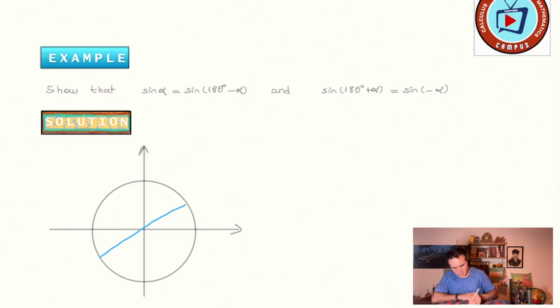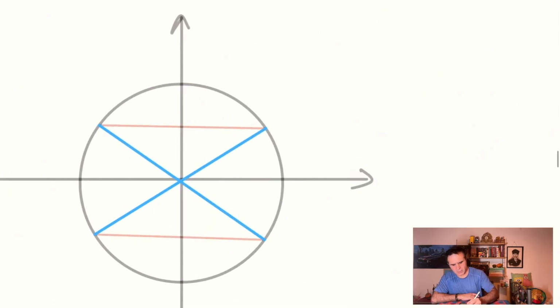Let me draw this. This is here, and we have a line here. Okay, here we have alpha degrees. This means that here is alpha, here is also alpha. They are all identical, equal angles. If we have alpha here, we have here 180 degrees minus alpha.